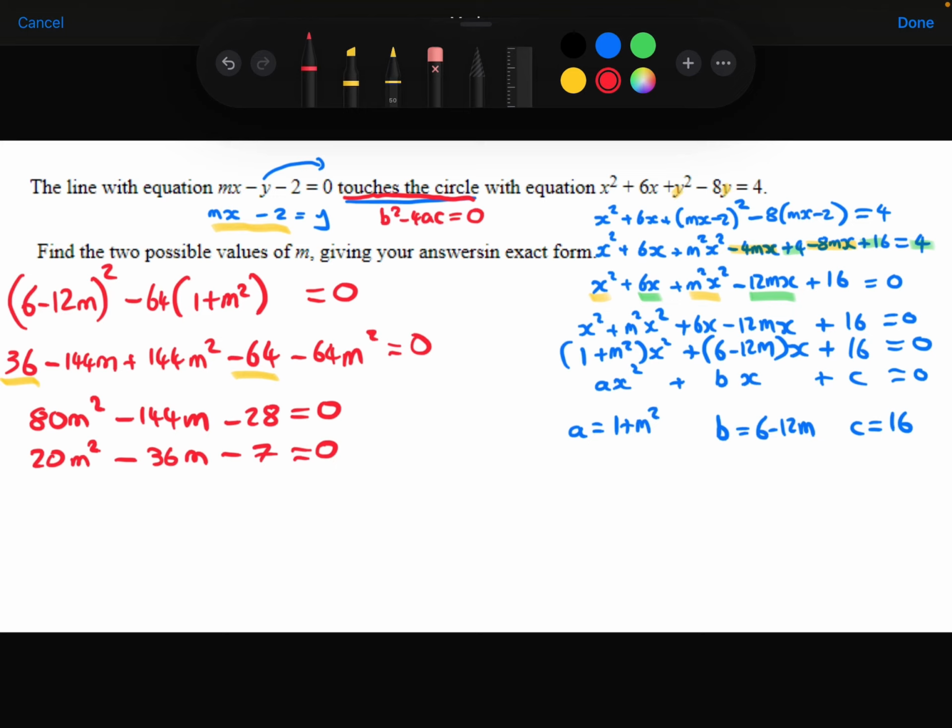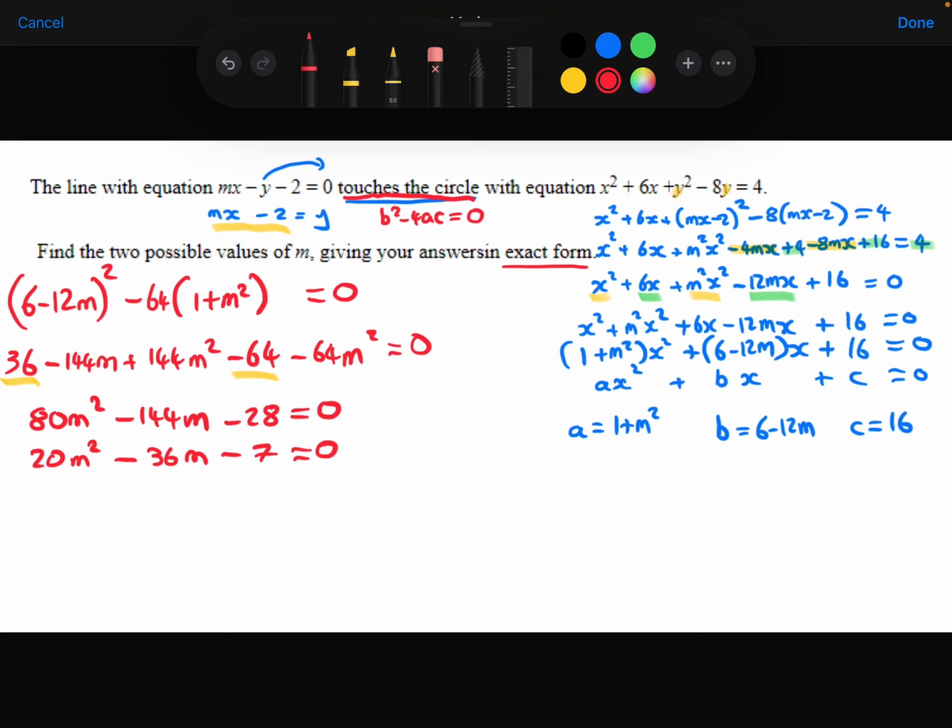Now, I could try to factorise that, but it does say giving my answer in exact form, so I don't think that's going to factorise very nicely. So we could either complete the square, or we could use the quadratic formula. The fact that there is a 20 there at the front, I don't like the idea of completing the square. It'll work, but it's a bit awkward.